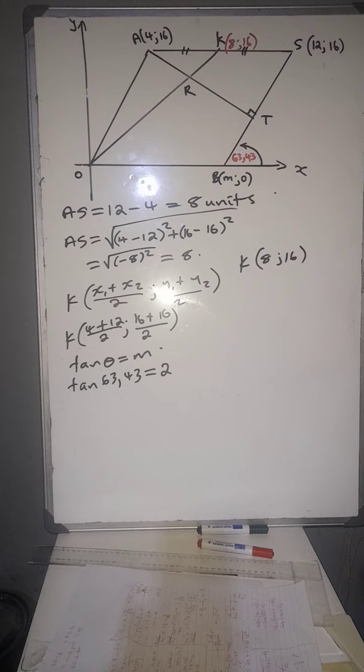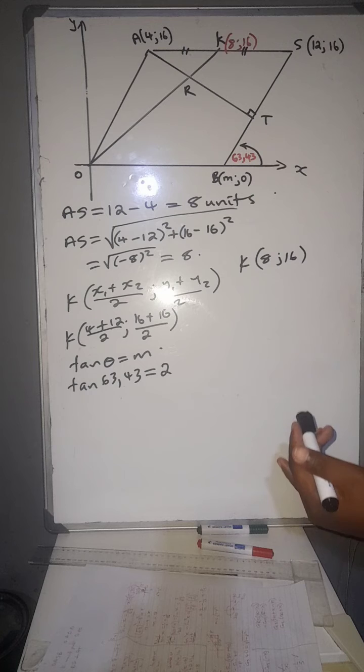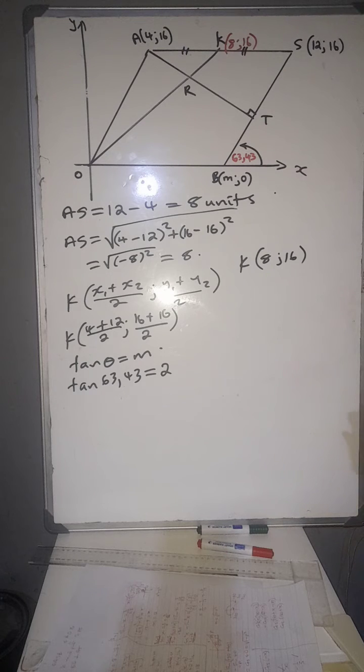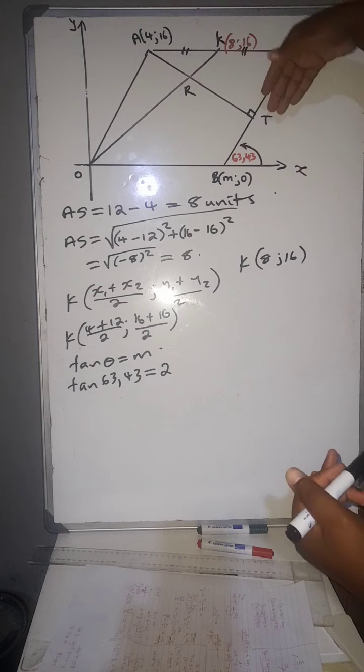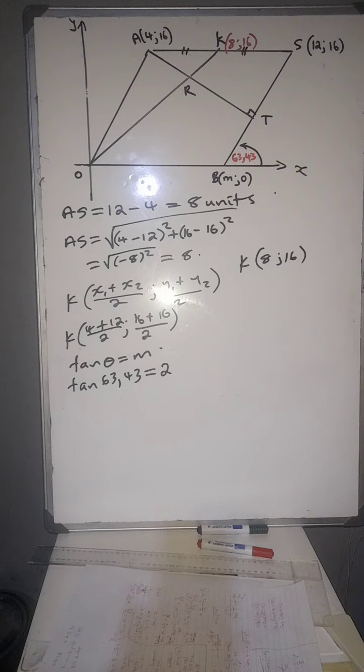And then after that, the last question in this part, question 2.2.3, was saying determine the equation of line AT. For us to determine the equation of a straight line, we need two things: a gradient and a point on the line. We already have a point on the line. And how do we get the gradient of AT?